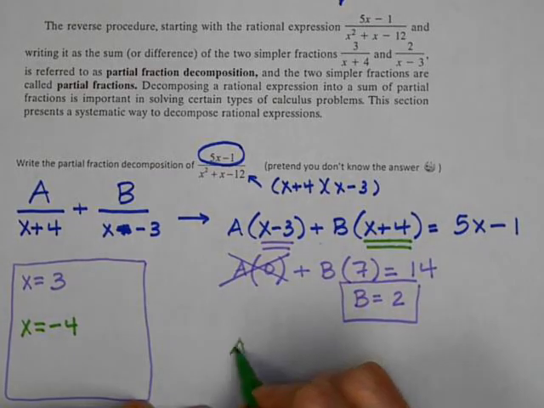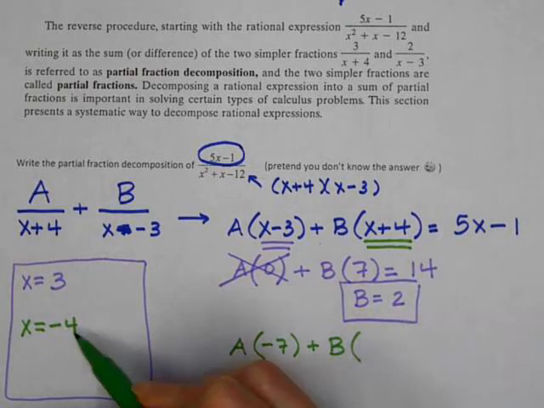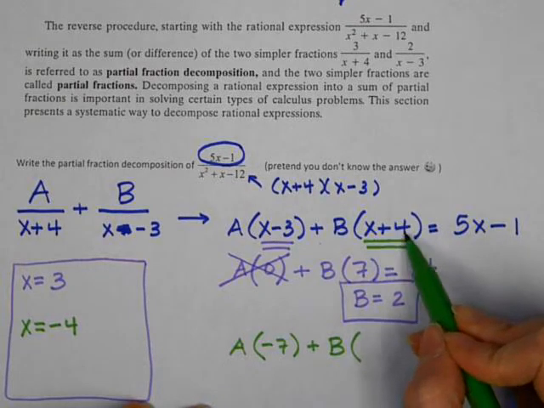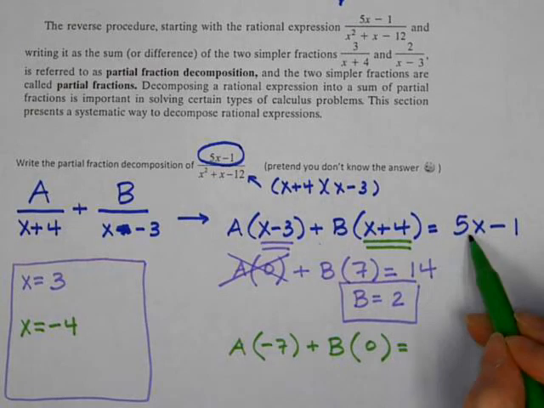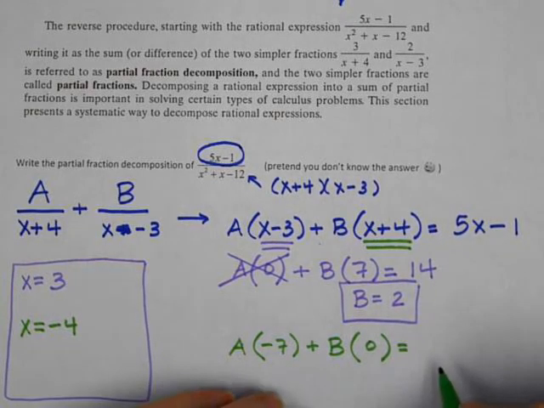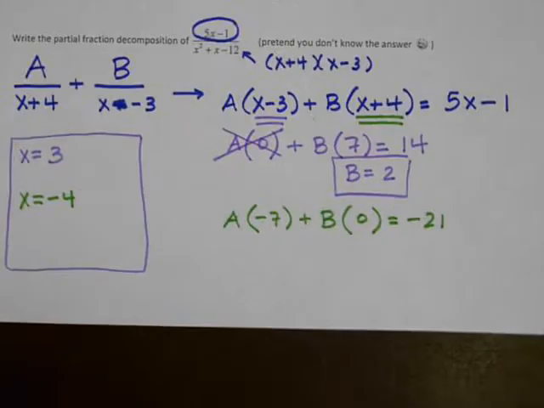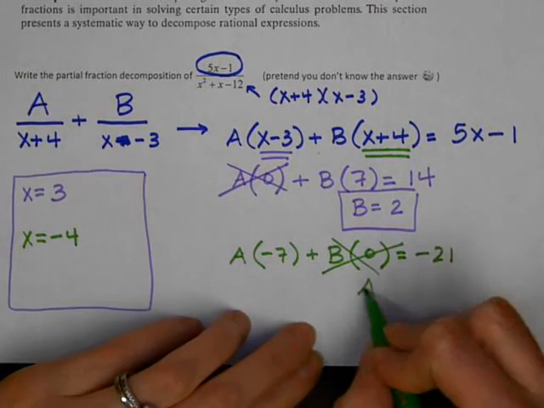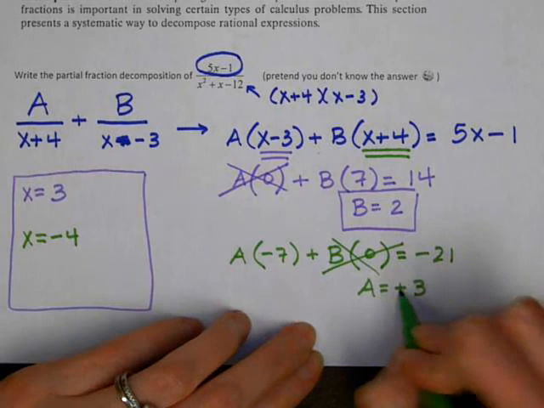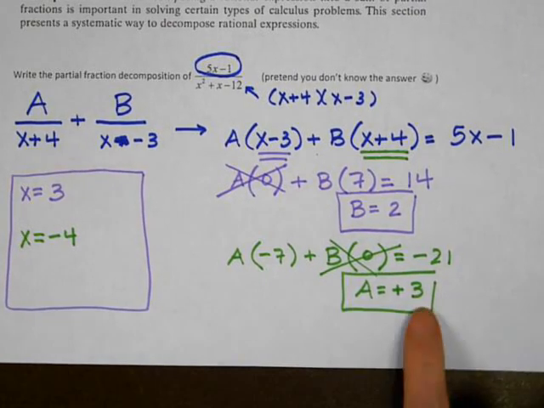So now we have A times (negative 4 minus 3), which is negative 7, plus B times (negative 4 plus 4), which is 0, equals negative 4 times 5 is negative 20, minus 1 is negative 21. And again, the reason we did that, B times 0 is just gone, and easily we can see that A is going to be positive 3, because a negative divided by a negative is a positive.